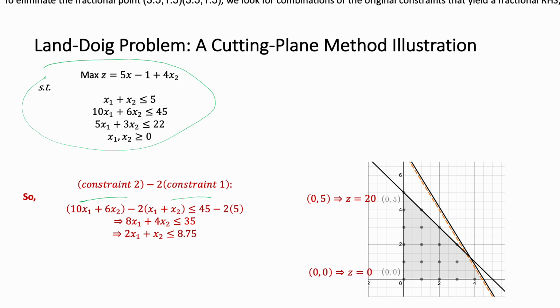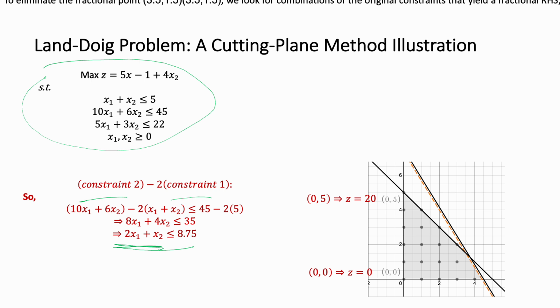Okay, so constraint 2 is 10x sub 1 plus 6x sub 2 minus twice of constraint 1. So manipulating this gives us 2x sub 1 plus x sub 2 less than or equal to 8.75.